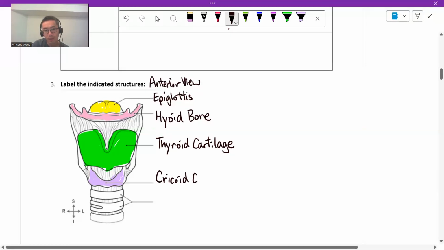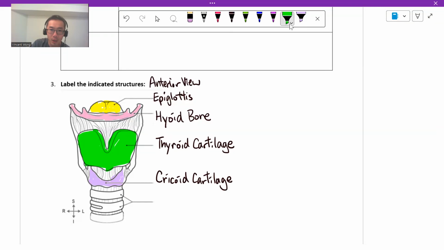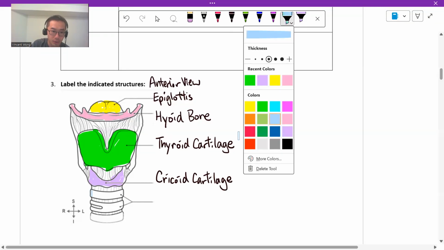If you're wondering what's the difference between cartilage and bones, cartilage is usually more flexible, right? Like your ear is made of cartilage. Part of your nose is made up of cartilage, whereas bone is much harder, right? And over here, we haven't really talked about it yet, but we will soon.